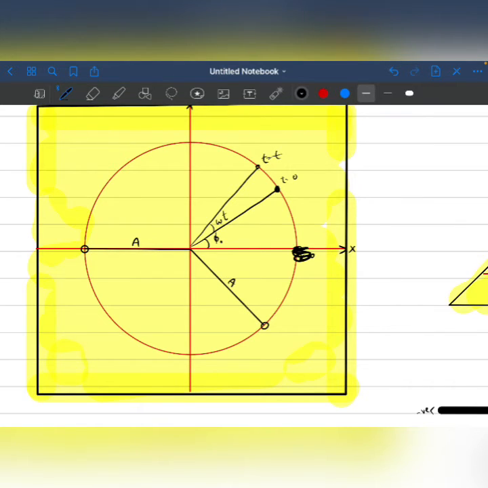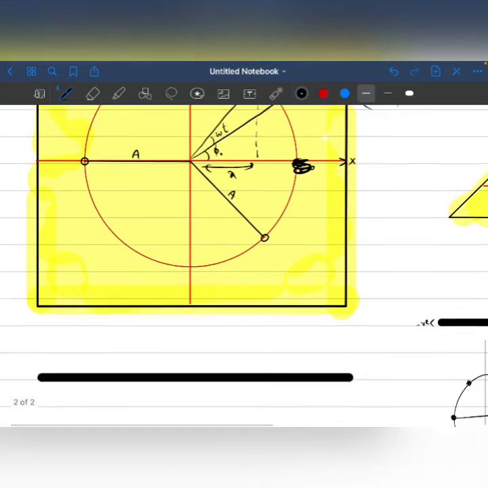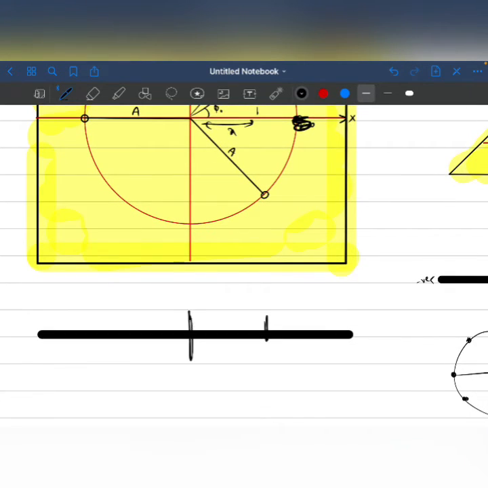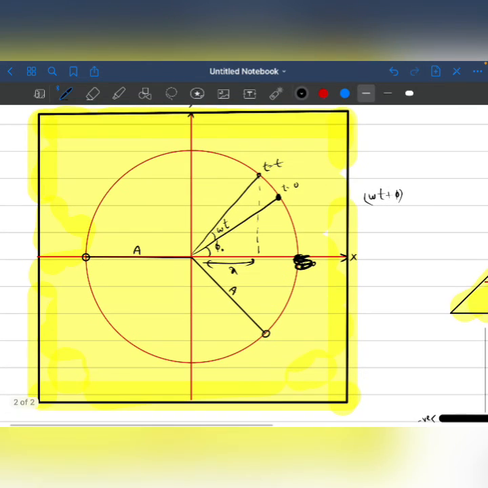So it is traveling omega t. So here omega t plus phi, we have an angle, and then this is the x that we are able to see. This is the mean position, this is what we are able to see.